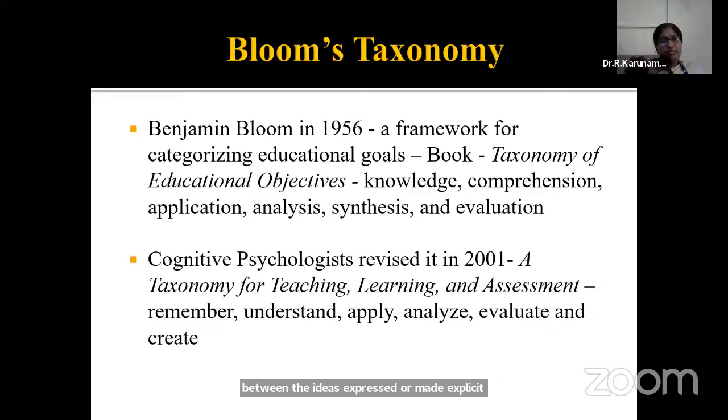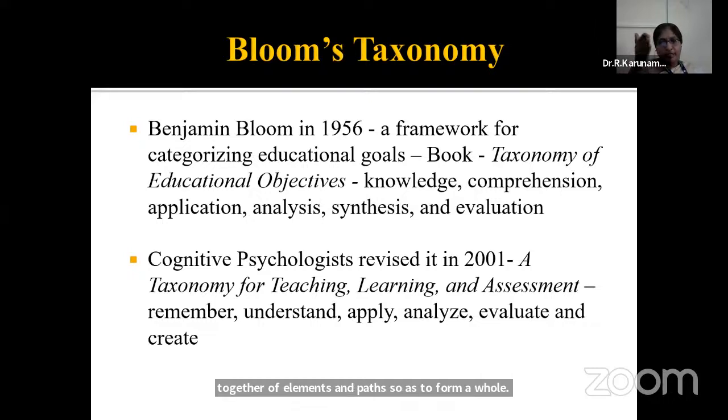Breaking a complex thing into smaller pieces, analyzing them, and explicitly presenting the ideas, comparing them, or presenting the relationship between them. And the next one is synthesis. It involves putting together of elements and parts so as to form a whole.